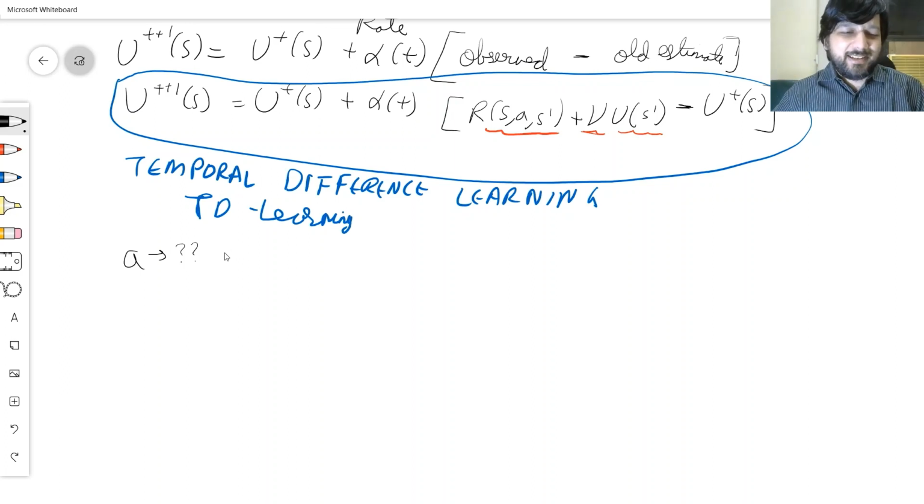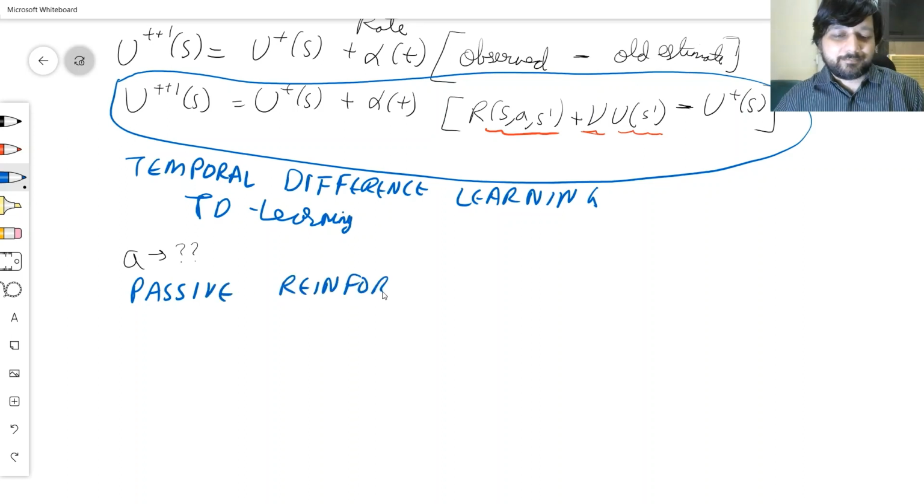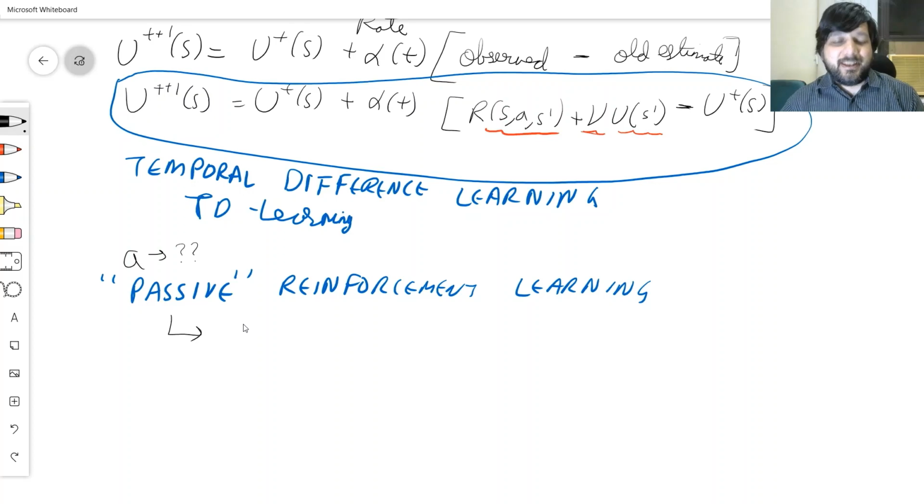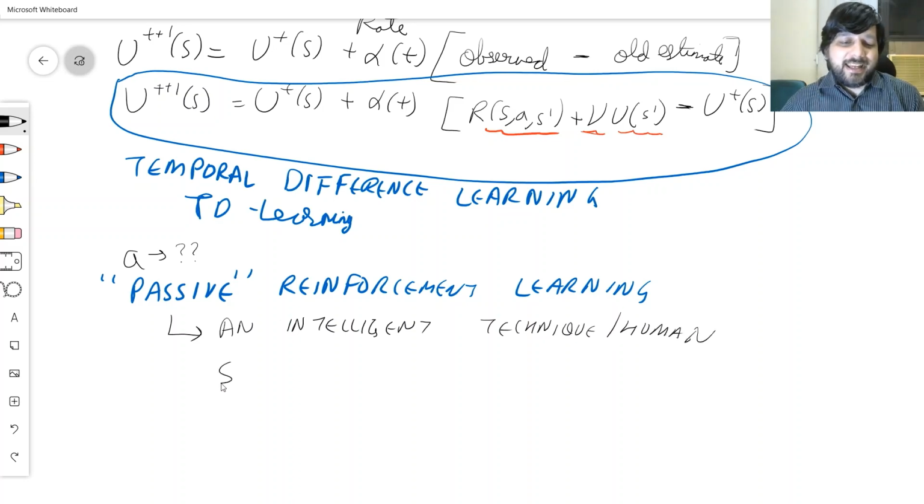So I say that my learning is more specifically called passive reinforcement learning, where the term passive means that the actions will be given, or it means that an intelligent technique, which for now could only be a human, selects actions as best as per its own judgment.